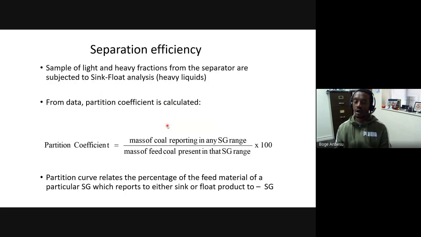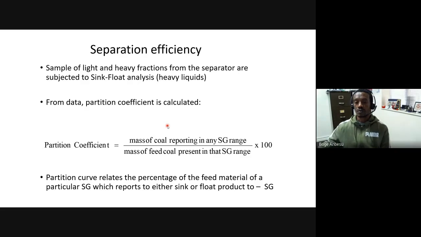Okay, so how do you quantify efficiency? As I said earlier, just like we did for quantifying performance or efficiency of a hydrocyclone using partition coefficients, we can do exactly the same for dense media separation. The difference is instead of particle size, we're using specific gravity.